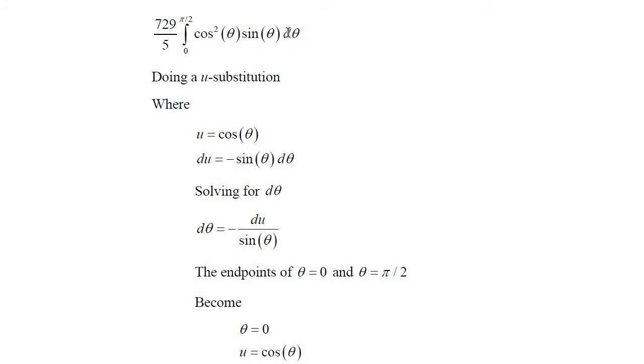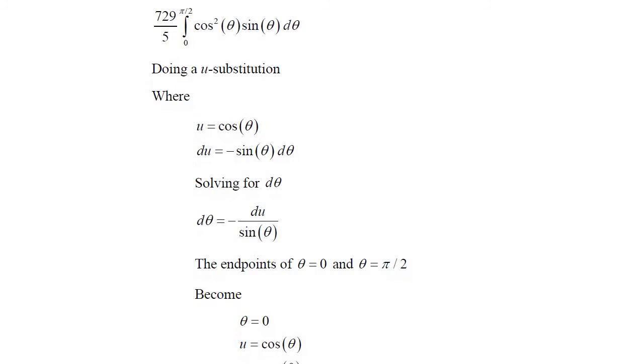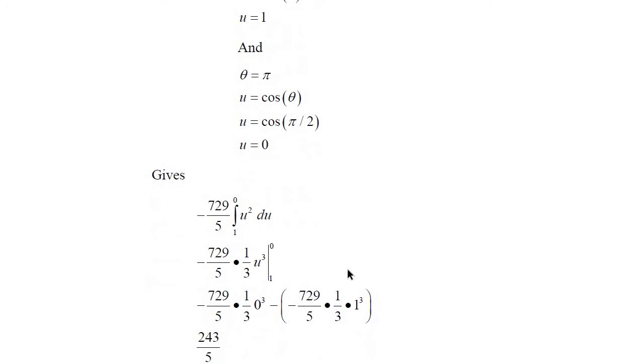I'll put the negative on the outside, and I'll have du over sine theta, and the sine thetas will cancel. So this ends up giving me negative 729 over 5, the integral from 1 to 0 of u squared du.